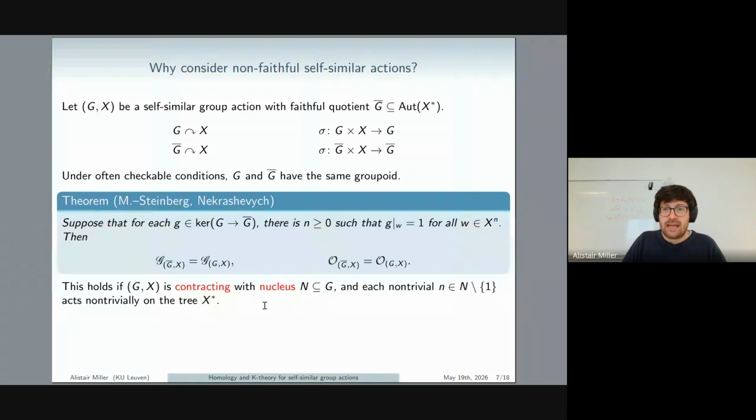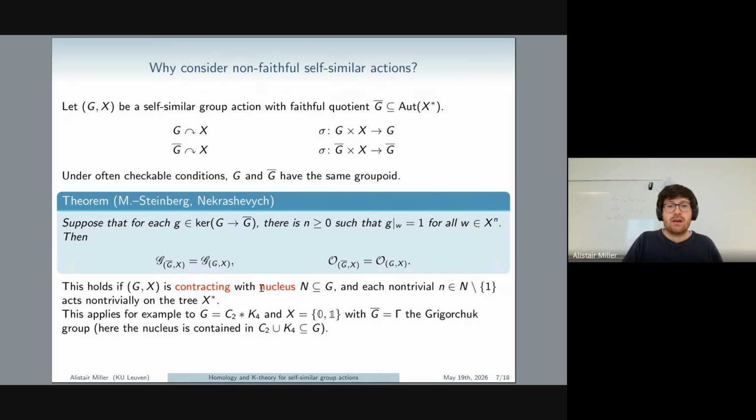And what this is saying is, so that you have that finite nucleus. In our case, the finite nucleus is going to be contained within the identity, A, B, C, and D. So it's a set of size at most 5.